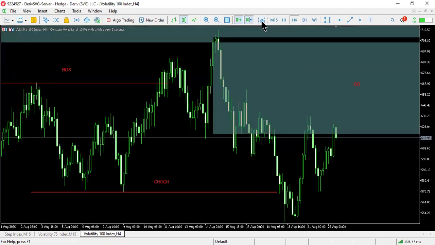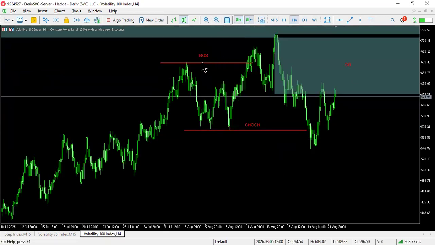Heading over to the 4 hours time frame. From the 4 hours, our break of structure will be at that level.